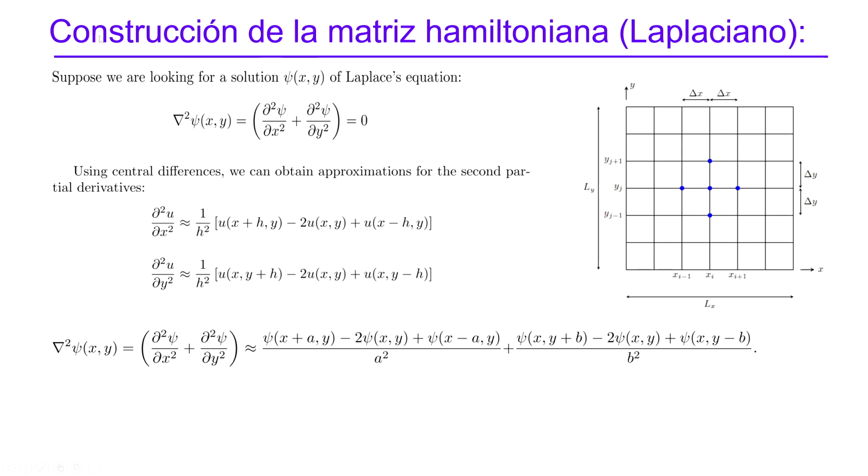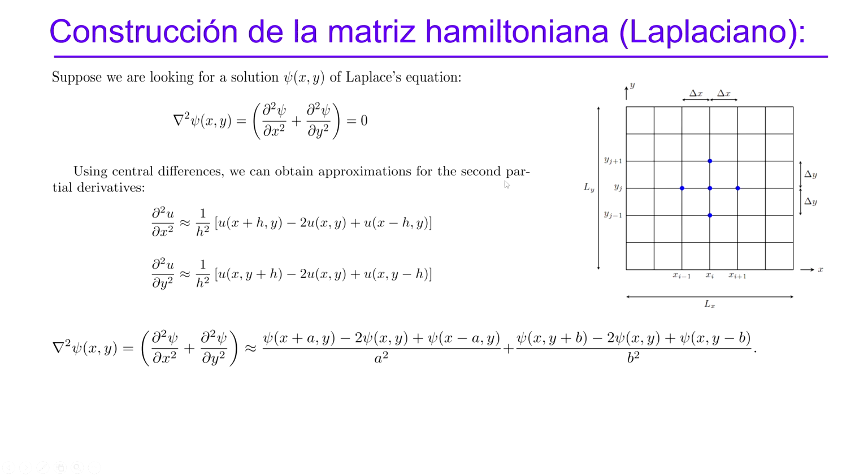Okay. Both of the Hamiltonian matrix, Laplacian. Suppose we are looking for a solution C x y of the Laplace equation. This is the Laplace equation, something like I was saying a few moments ago. And okay, we can discretize this equation by approximations, right?